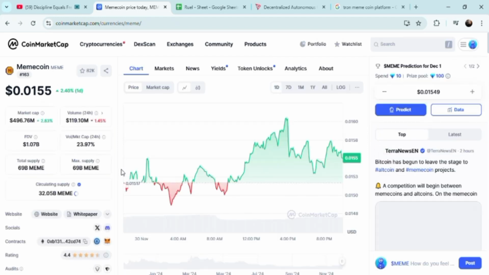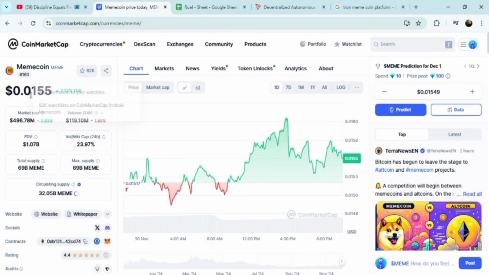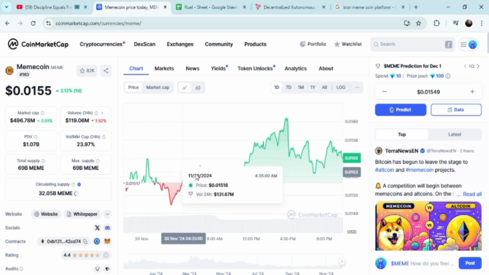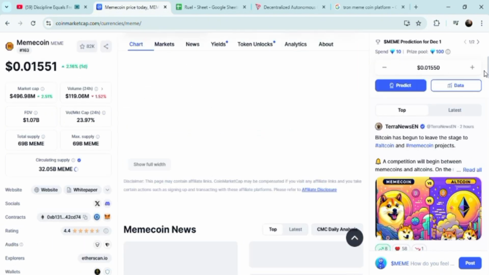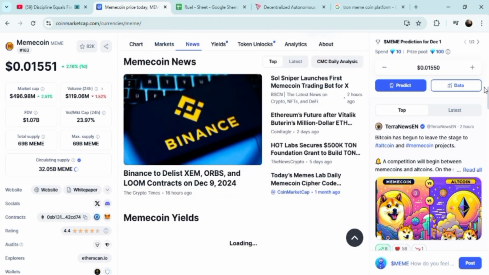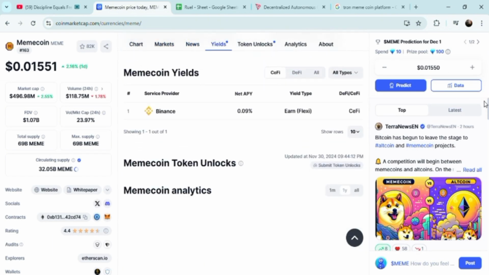I personally don't hold TRX in my wallet, but additionally, Tron's DPoS consensus mechanism is more energy efficient compared to traditional proof of work systems.